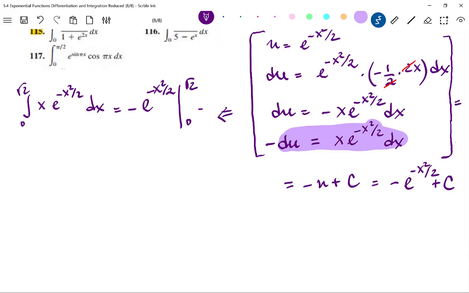We'll plug in. That's negative e to the negative square root of 2 squared over 2, minus negative e to the power of negative 0 squared over 2.